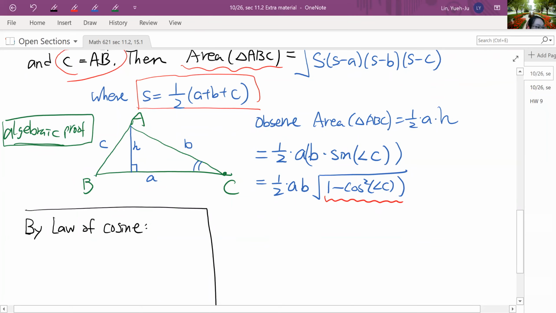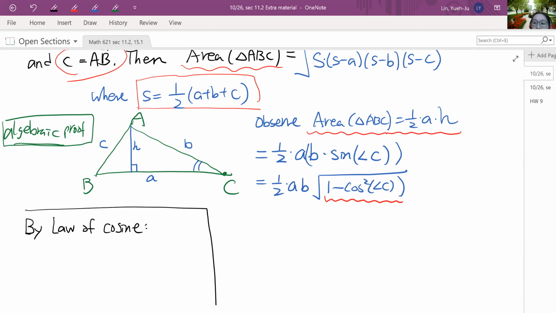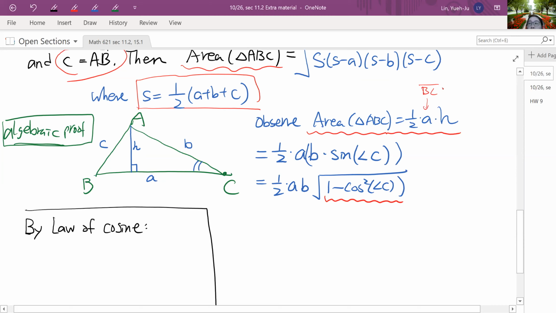So first of all, we still know that the area of triangle ABC is 1/2, if you call BC the base, BC times the height. But now the thing is that I don't know explicitly what the height is. So the idea is I'm going to replace the height by something I already know, essentially the other 2 sides. So what would be the height h here?